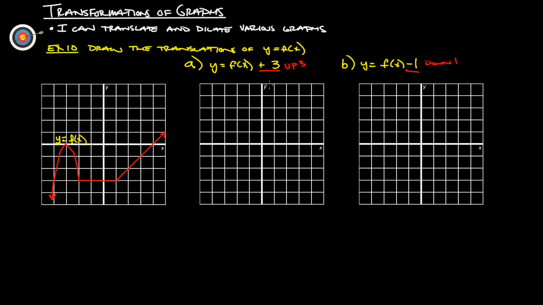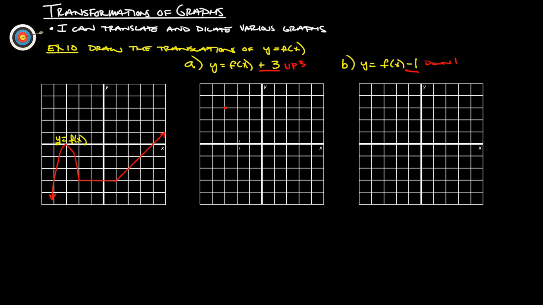Okay, so basically if we're going to move this whole thing up 3, just find some key points, and away we go. So this is at negative 1, 2, 3, 0. So we're going to go negative 1, 2, 3, and it's at 0. But now we're going to move everything up 3. So now this point has translated to that point. This is 2 to the left, down 3.